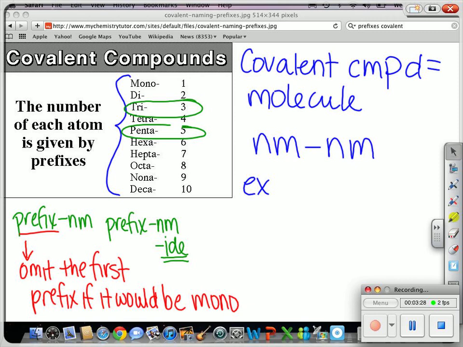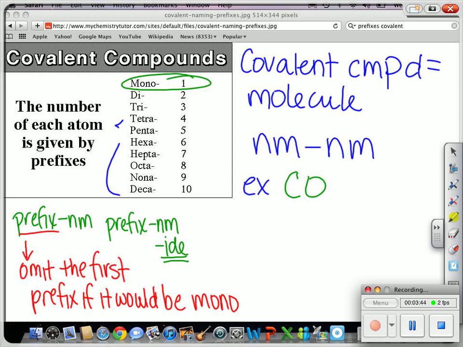Okay, so let me show you an example of this. Let's say, for example, the classic example of this is carbon. I have C and O, so I have 1 carbon, I have 1 oxygen. You might think that I would name this as monocarbon monoxide, but instead what I just call it is I leave off that initial prefix, since there's only 1 of them, and I call it carbon monoxide.